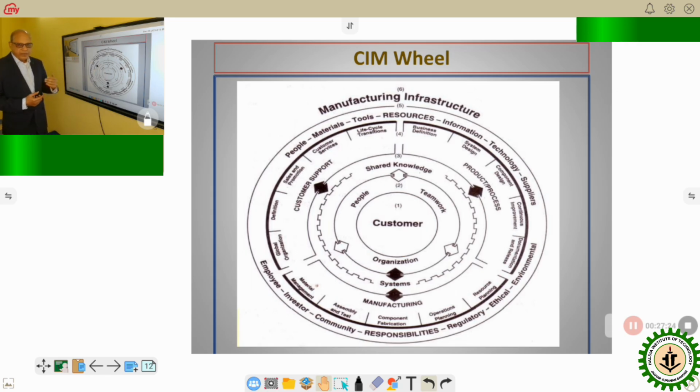Purchase people can see their involvement regarding the procurement of material, whether that particular material specified in the bill of material is readily available in the market or not. So everyone can see, and cross-functional activities can take place. That is exactly the common database, which is known as shared knowledge. And for that purpose, we must provide a system, that is the networking system or data communication system.